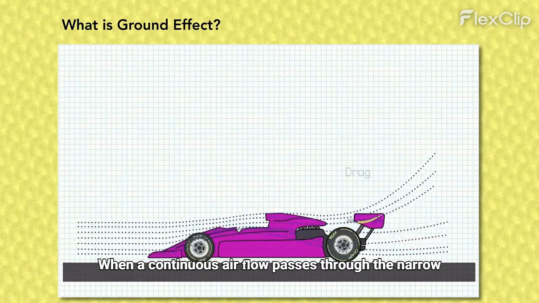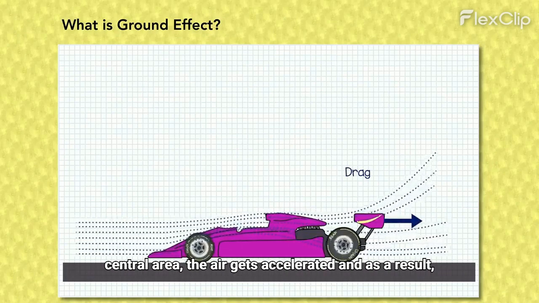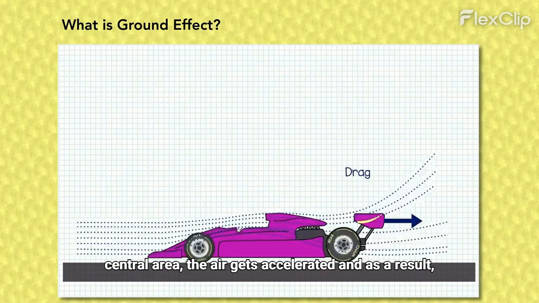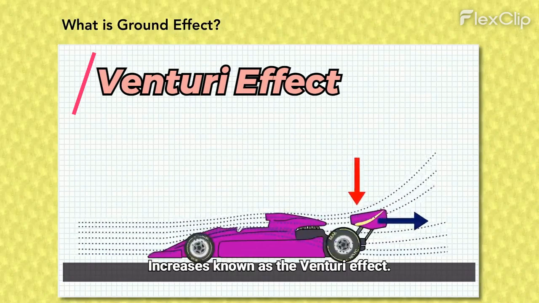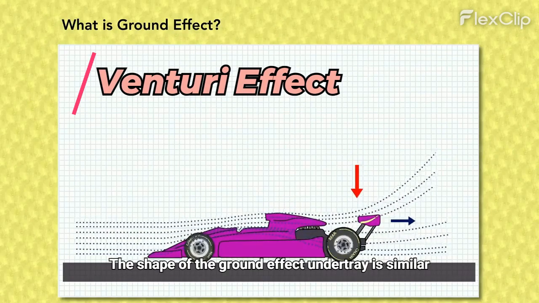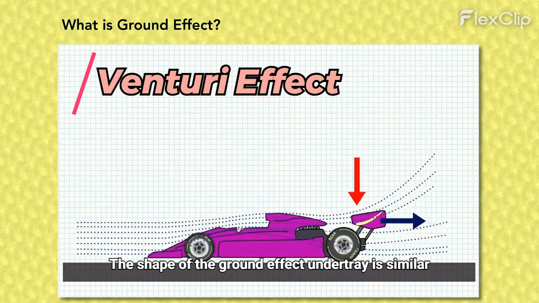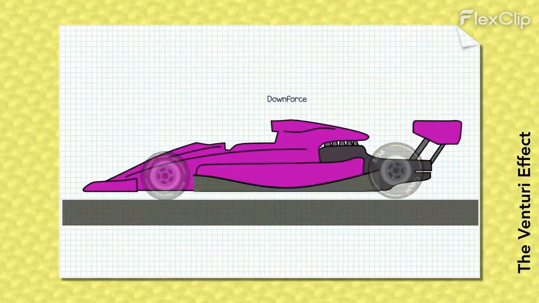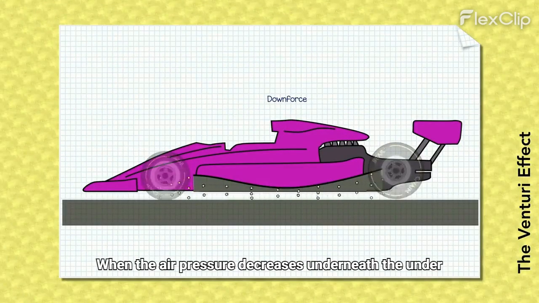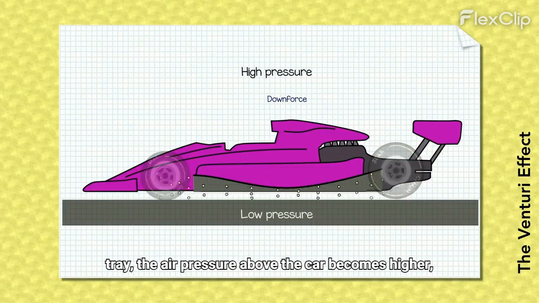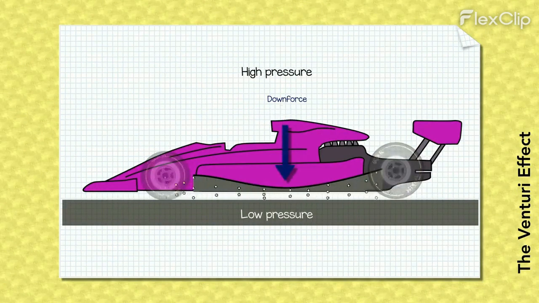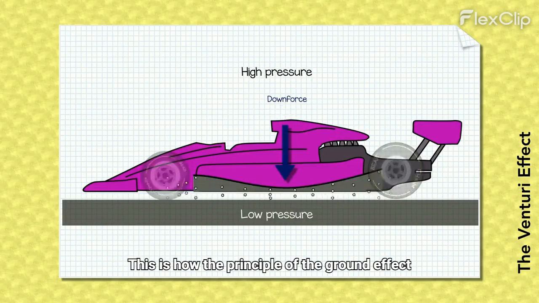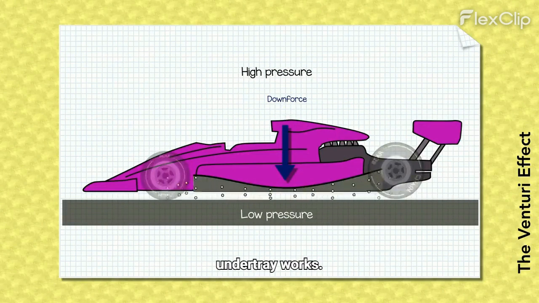When a continuous airflow passes through the narrow central area, the air gets accelerated, and as a result, the air pressure decreases, known as the Venturi effect. The shape of the ground effect undertray is similar to a Venturi tube. When the air pressure decreases underneath the undertray, the air pressure above the car becomes higher, generating downforce. This is how the principle of the ground effect undertray works.